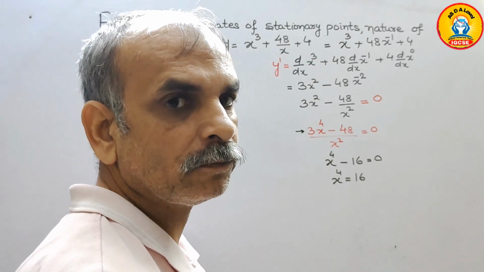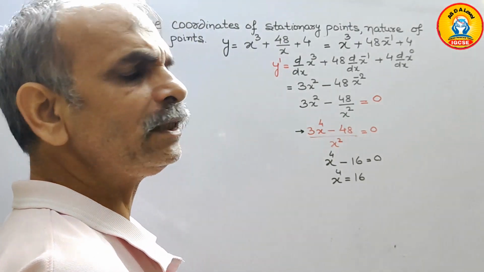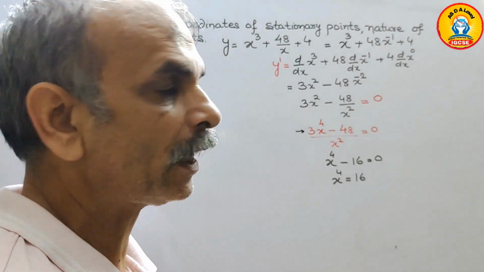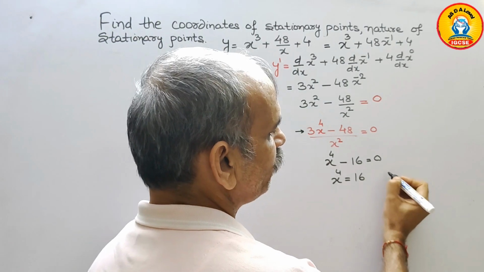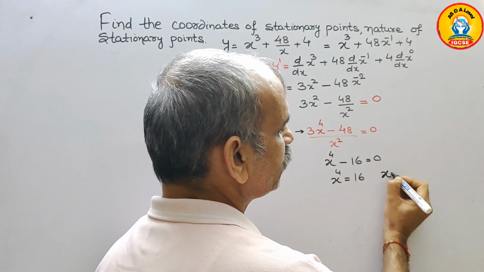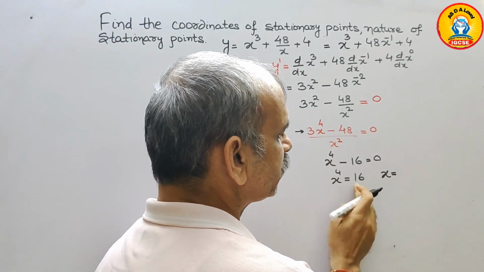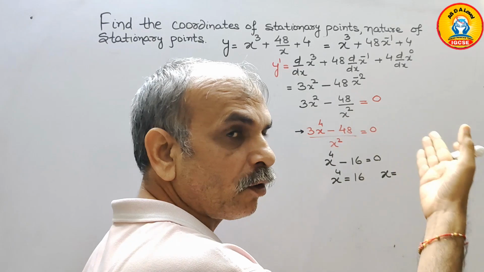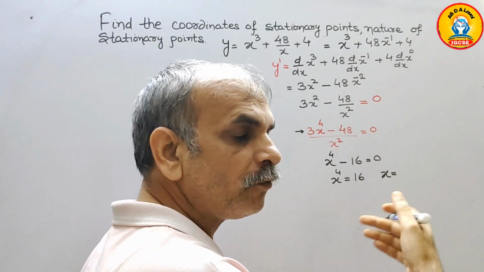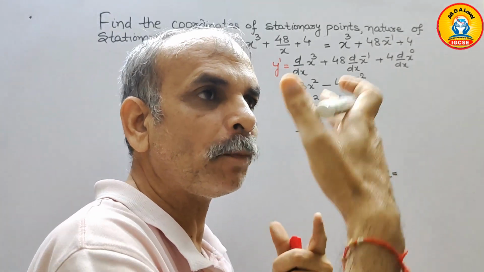Now what is the value of x? We can say x is equal to 2 to the power of 4, or minus 2 to the power of 4.